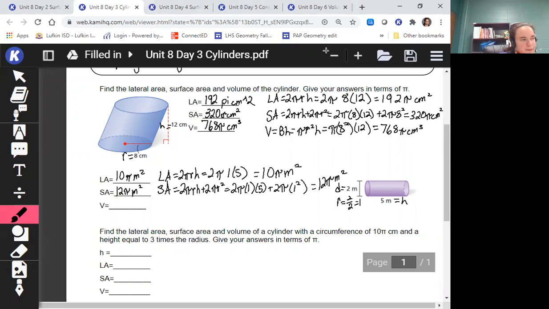And then volume, remember, is the area of base times our height, and our area for this shape is a circle, so pi r squared times our height. So pi times our radius squared, 1 squared, times our height of 5, and that equals 5 pi meters cubed.